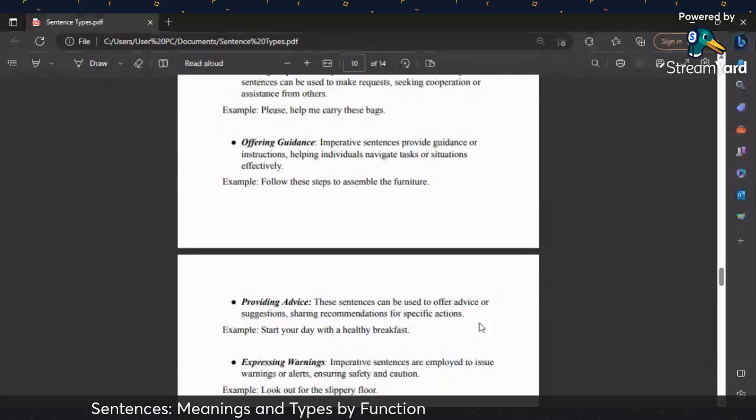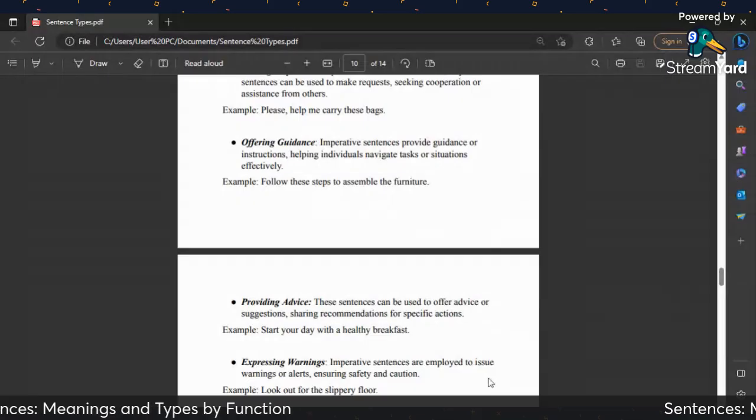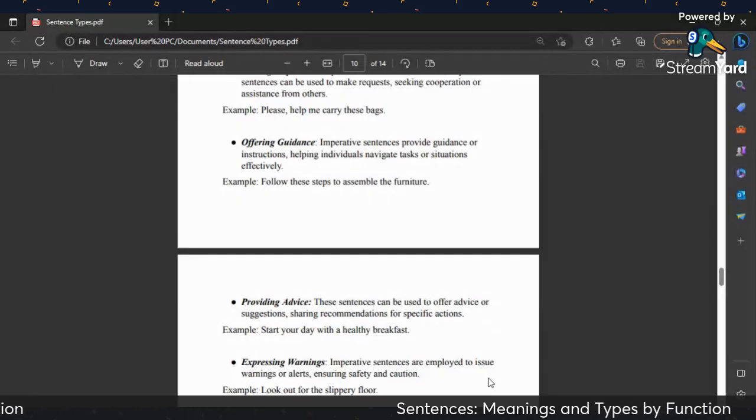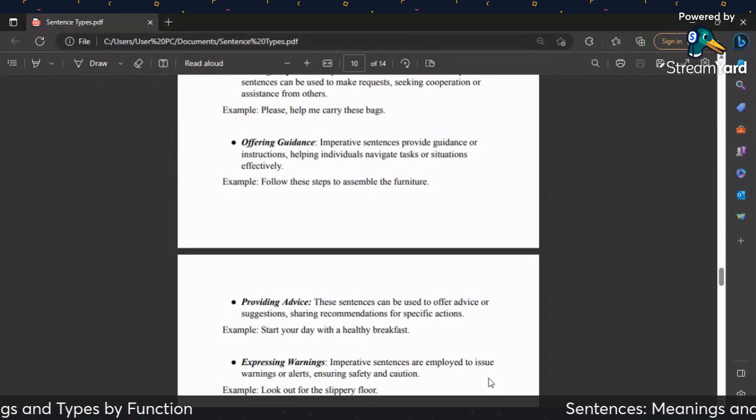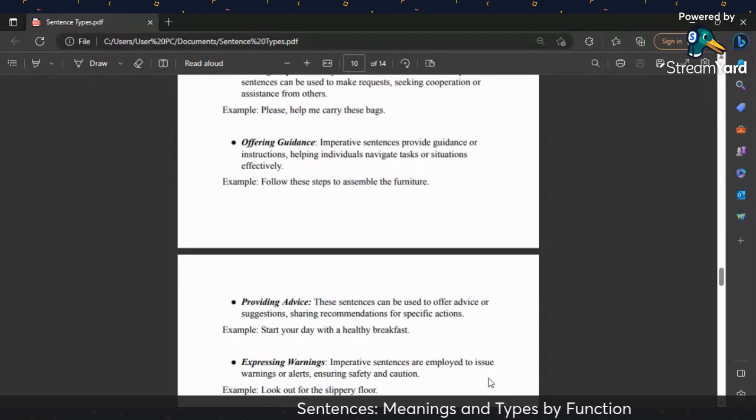Expressing warnings. Imperative sentences are also used to express warnings or alerts, ensuring safety and caution. You can discover that with everything I've been saying so far, every sentence you utter performs any of these tasks.